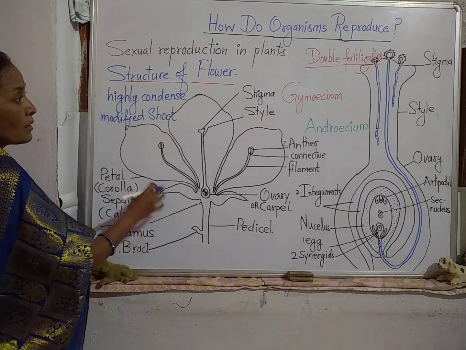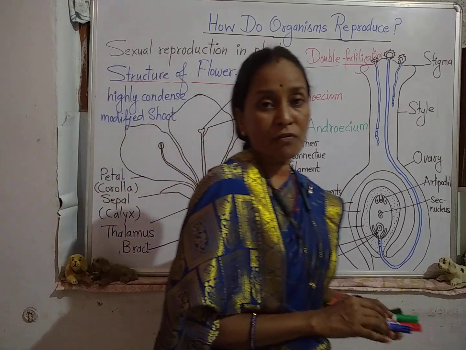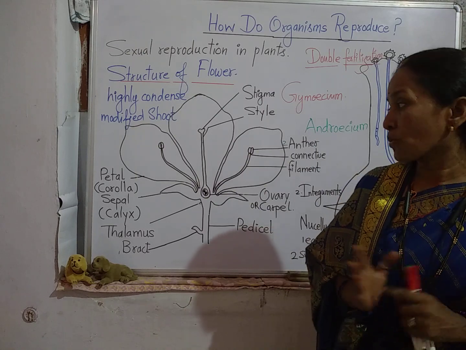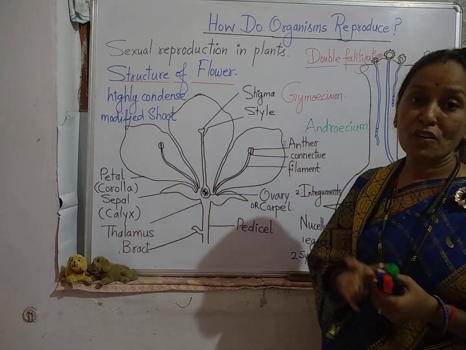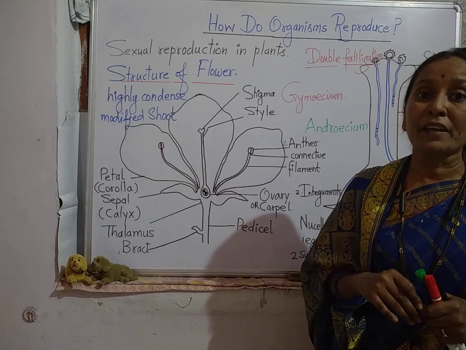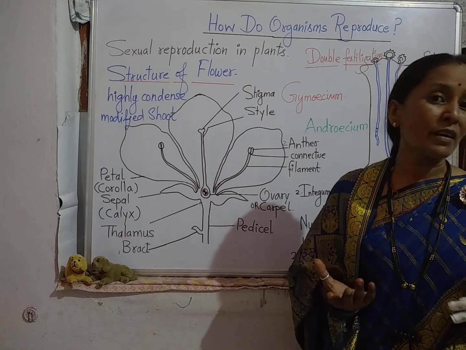So it is made up of the developing axis of the plant, having the leafy part and the node and internode. So petals and sepals are leafy parts, androecium and gynoecium are also leafy parts, but they are modified in order to achieve the act of sexual reproduction in the plant.